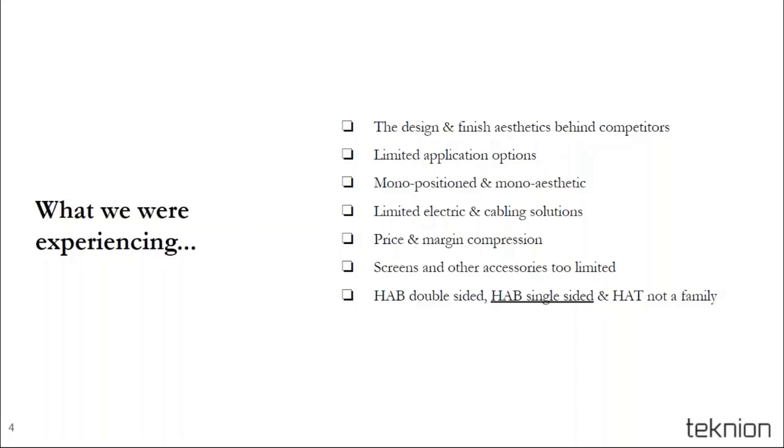So we made sure that HAB double-sided, single-sided, and also HAT are all designed together at the same time. We're also hearing that competitive mechanisms were better from a stability point of view, anti-collision point of view, and general quality point of view. So the primary driving factor here was to improve all of those.